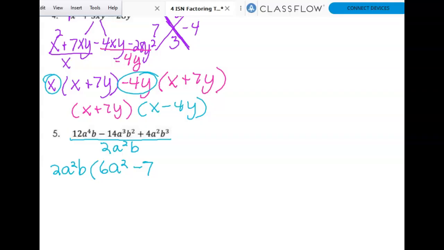I have 3 a's on top and 2 on bottom. How many does that leave me? 1. I have 2 b's on top, 1 on bottom. Then I'm going to have plus 4 divided by 2 gives me 2. What happens with the a squareds? It just leaves me b squared. Very good.